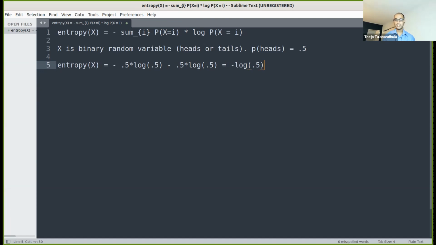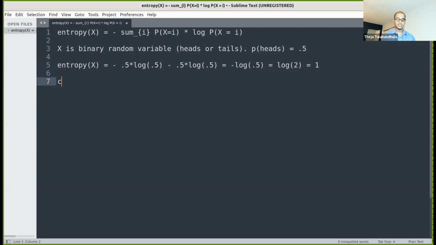And 0.5 is actually 1 by 2. If you remember the properties that log satisfies, you can reduce it to log 2, and this is equal to 1. So the entropy of this binary random variable with equal probability of heads and tails is 1.